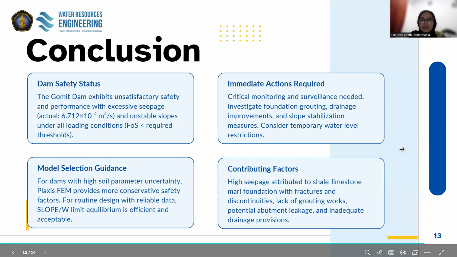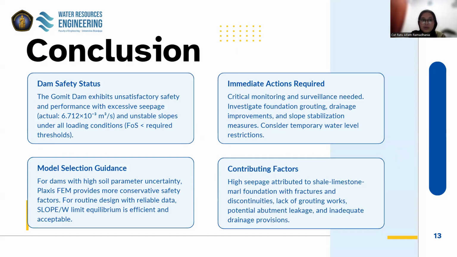So the conclusion of all this, there are 4 points. For the dam safety status, the Gomit dam exhibits unsatisfactory safety and performance with excessive seepage, with the actual is 6.712 times 10 meters cubic per second, an unstable slope under all loading conditions, with the safety factor lower than the required threshold.